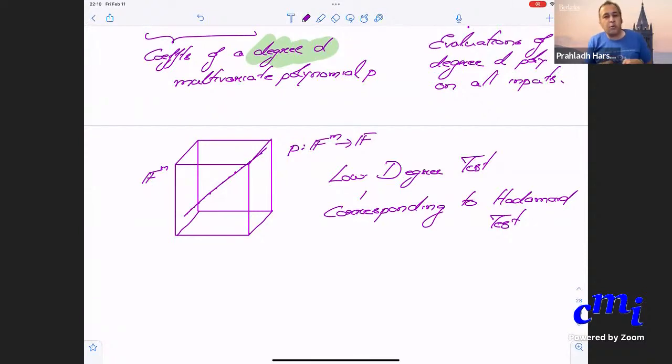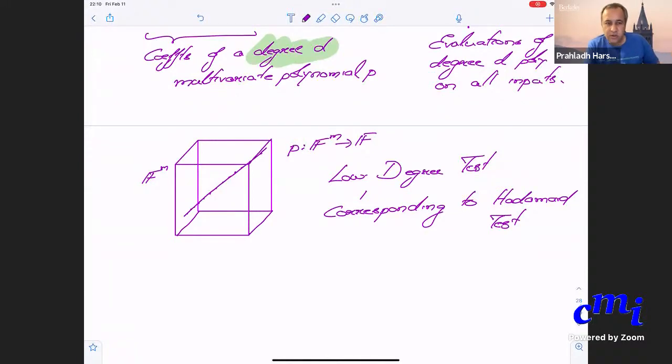So if another code also has a local testing property, it's conceivable that you can use that code to do PCPs. There's one other code called the direct product code, which also has this property. We know how to do it, but so far we only know how to use these 3 codes to construct PCPs. There might be other codes.